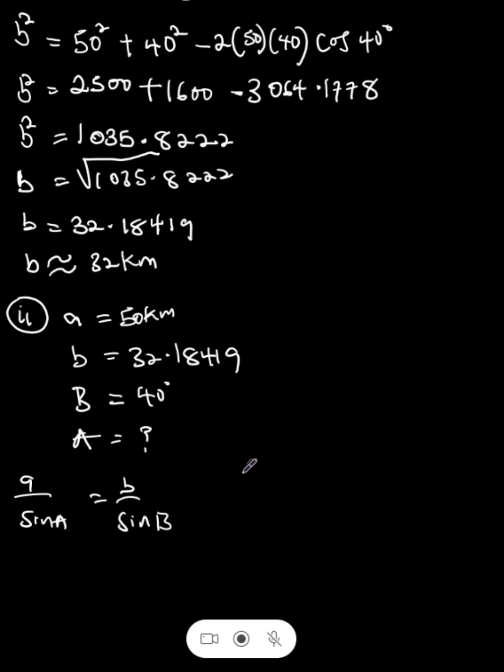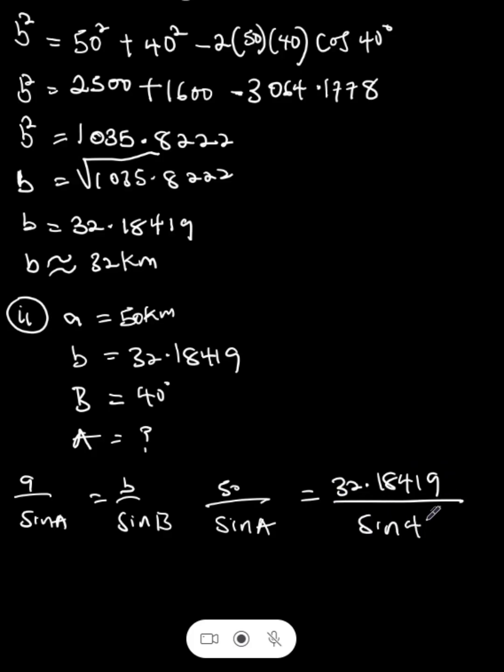So that we'll have 50 over sine A, which is what we are looking for, equal to our B, which is 32.18419 over sine 40.